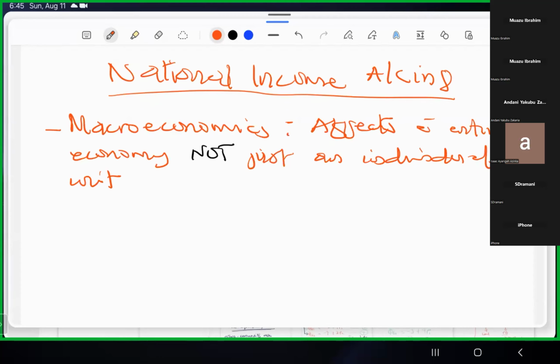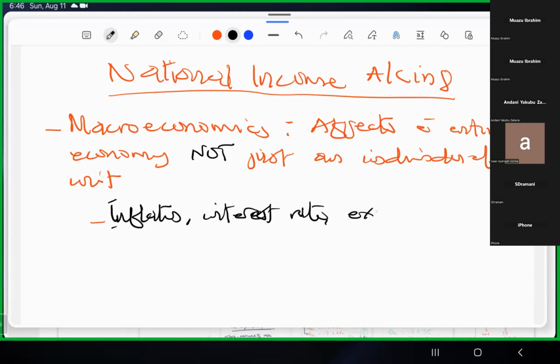So when you look at key variables that affect the entire economy, for instance, inflation, which is the general increase in prices of goods and services, this level of inflation is macro in nature because it affects the entire economy. Interest rates are also a macroeconomic variable.